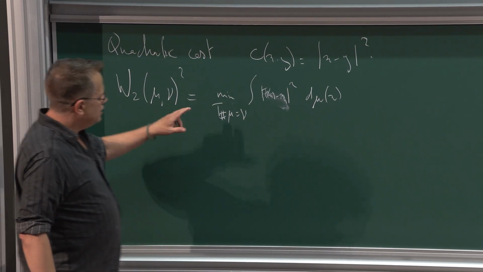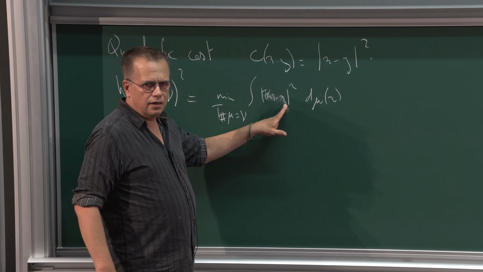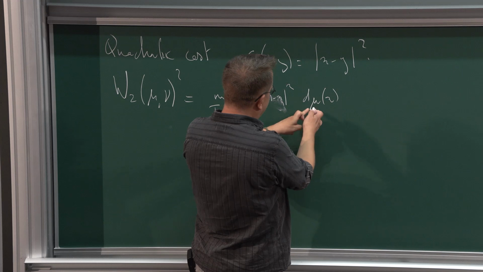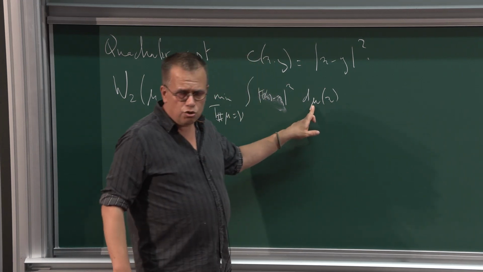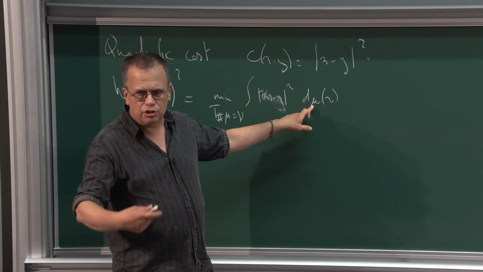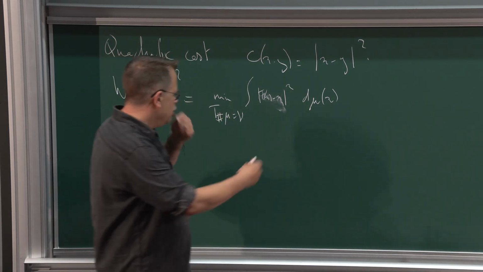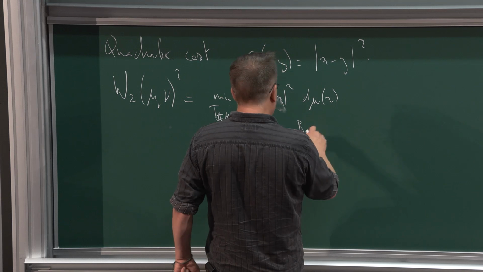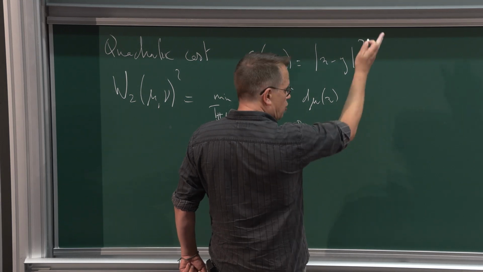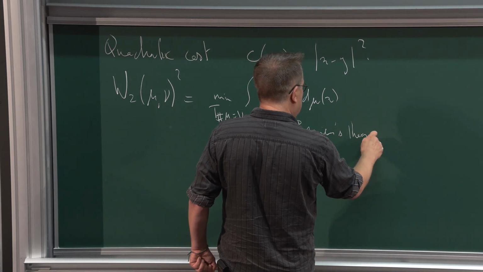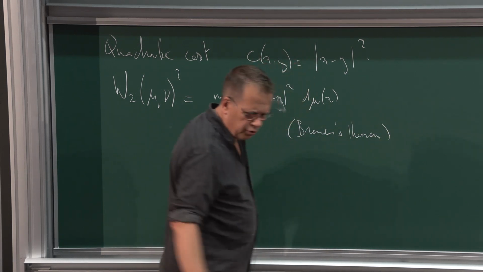So you define this quantity as the minimizer of this problem. And given some assumption on mu, it can be shown that there is a solution to this problem, that was a minimum. Actually, it exists. For the quadratic cost, we have Brenier, who is a colleague at Orsay, actually, Brenier's theorem. I think it was about 30 years ago now.